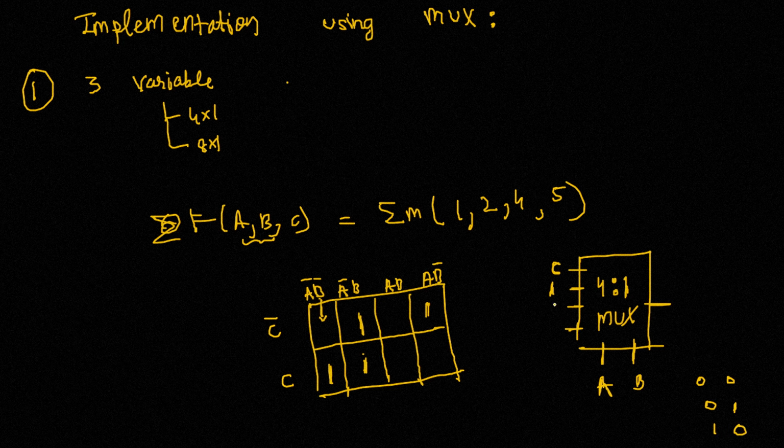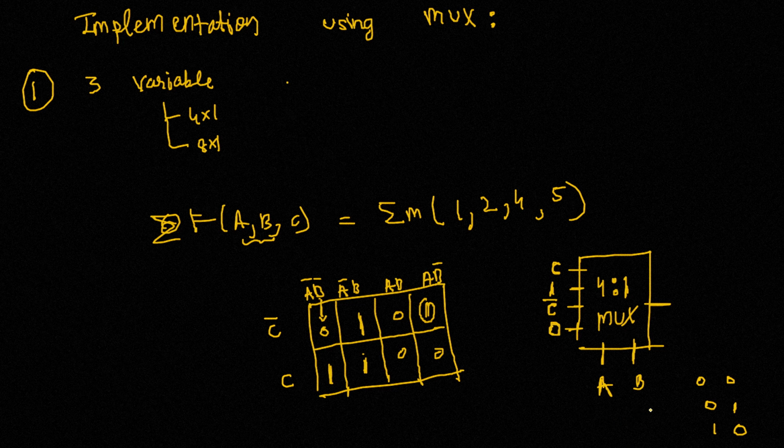For 1, 0, the third select line gets chosen, which is A, B complement. For A, B complement, you can see the output is present only for C complement. So the third input line will be C complement. And for AB, you can see it's just 0 in both the columns. So this will be 0.